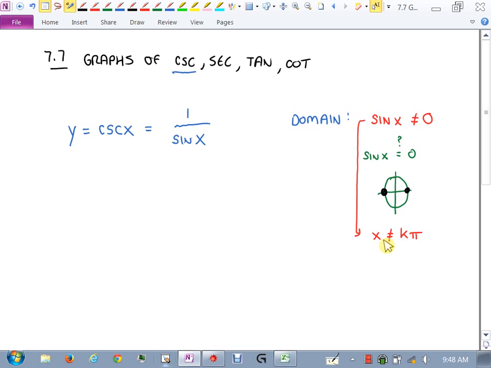What do you think is going to happen whenever we get near those points? We're going to have asymptotes, just like in college algebra with rational functions. Whenever the denominator went to 0 and our numerator did not go to 0, then we had these weird asymptotes. We're going to have the same exact thing here. For now, though, we're just going to say for the domain you cannot have any multiple of pi.